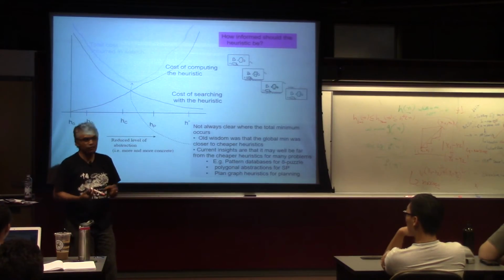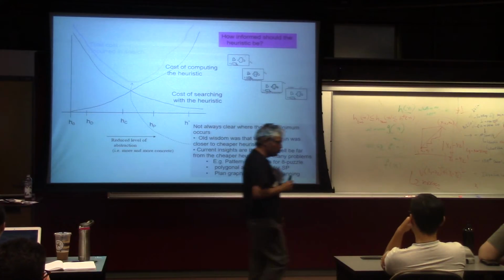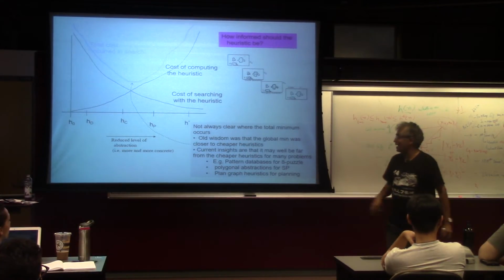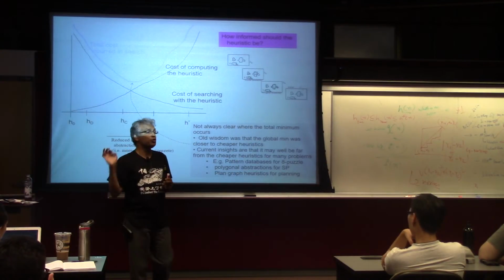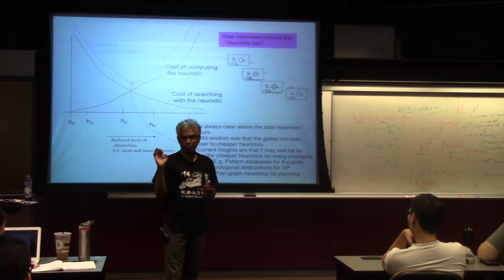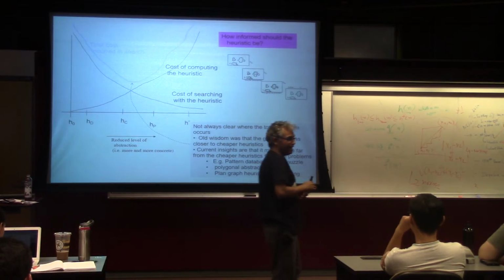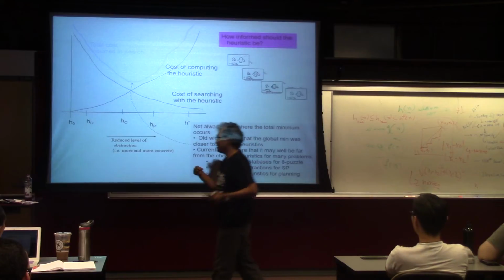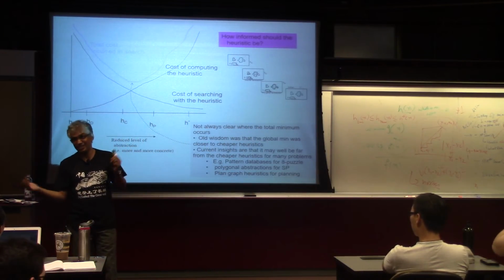Okay? It's very much problem dependent. But as a field, people used to think that a heuristic is something that will take 2 lines of code to write. Okay? So if you see any early textbooks on AI, they will mostly talk about heuristics of the type of straight line distance or maybe Manhattan distance.